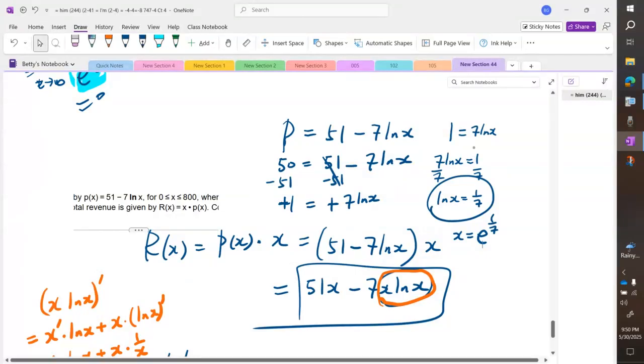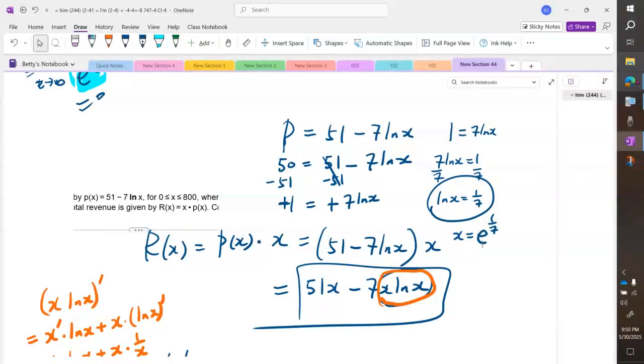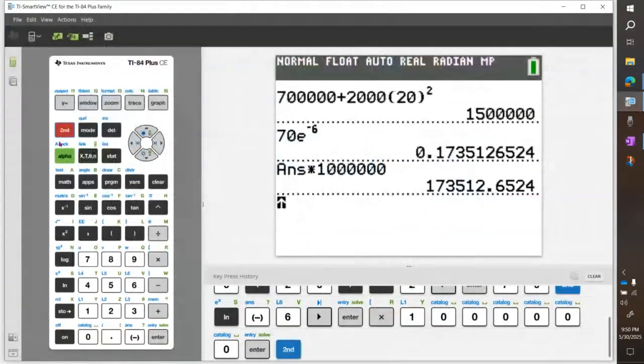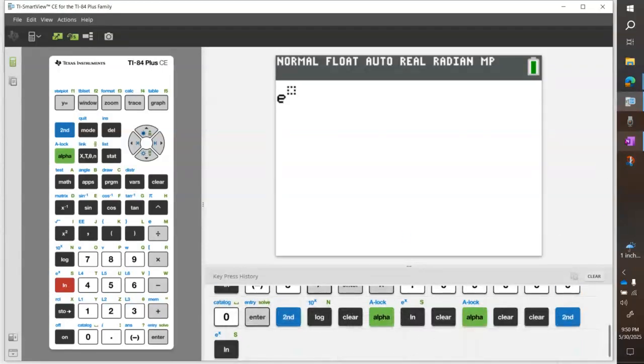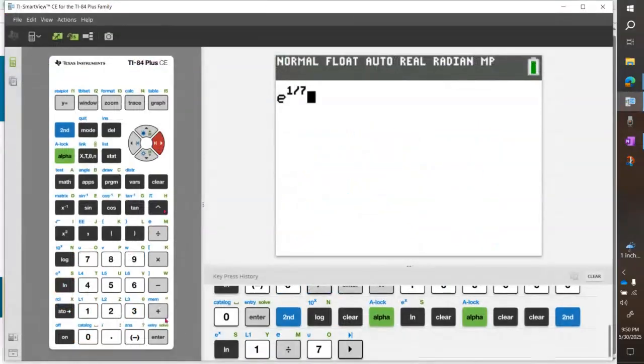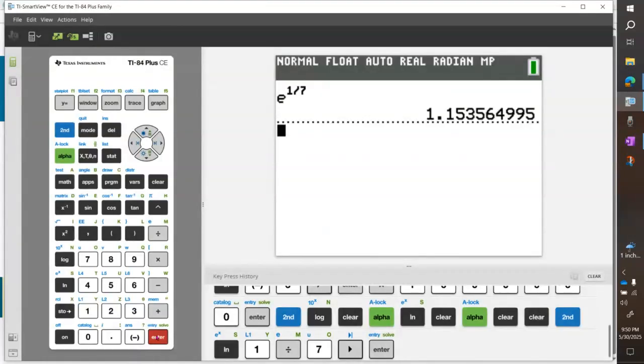Let's use the calculator. Let's do it again. e to the power of 1 over 7. Is it really this little?